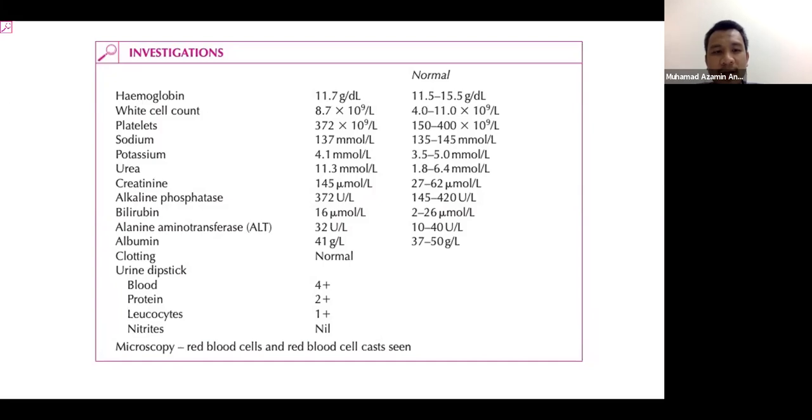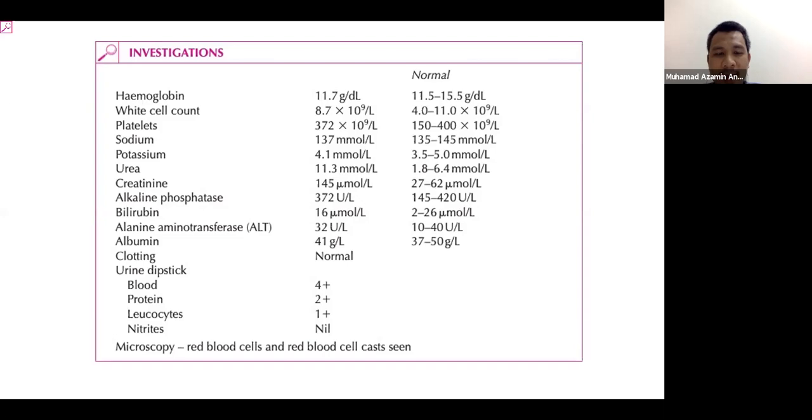And then the LFT is there. So mainly you are looking at the albumin level, which is normal, 41. Okay, the urine dipstick is 4+ of blood, protein 2+, leukocyte 1+, nitrates nil. And then microscopy, you can see the red cells and you can see the red cell cast.